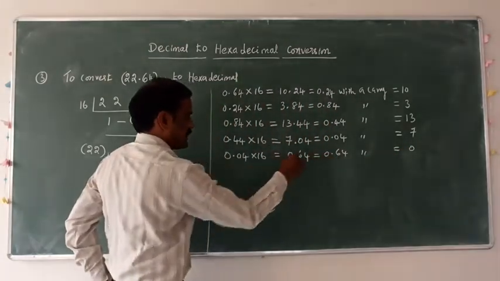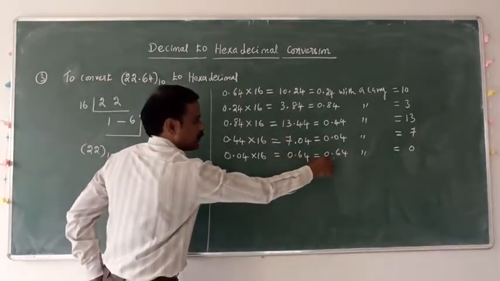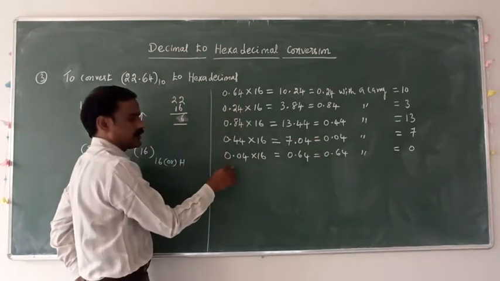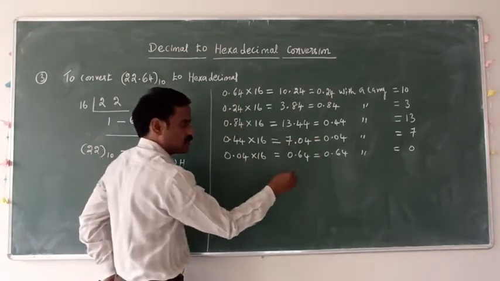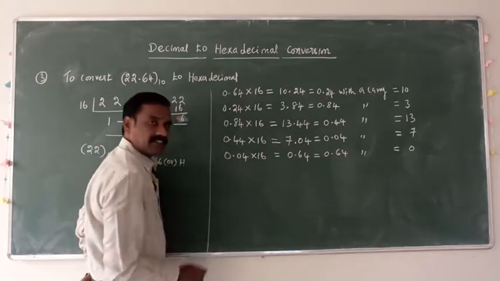Then the same number repeats. Here 0.64, and here also 0.64 is repeated, so we can stop here itself.